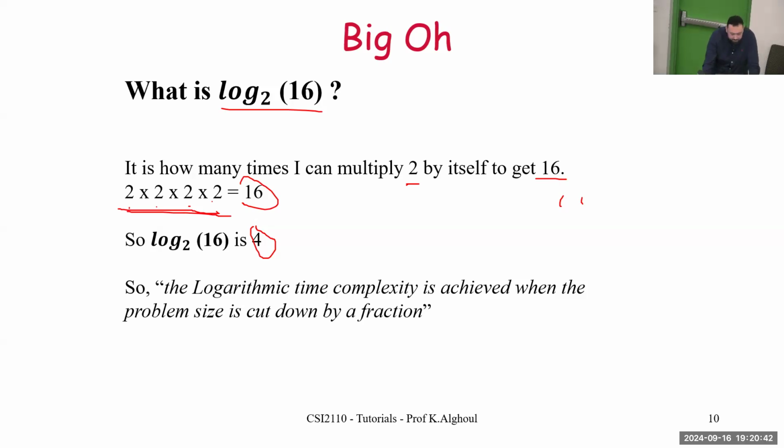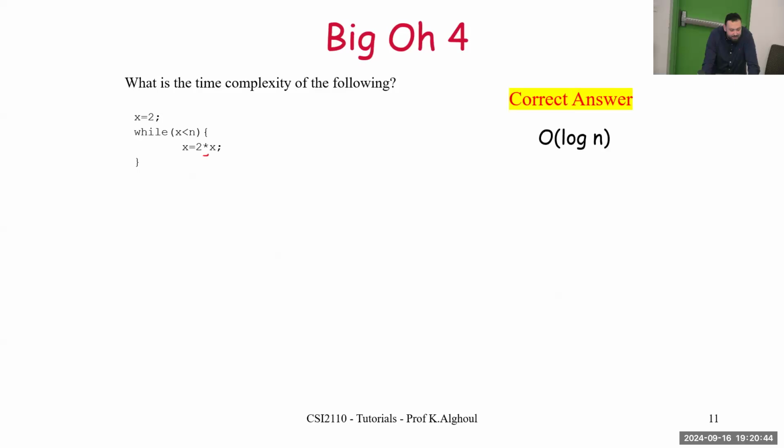So the trick here is whenever we see multiplication or division, in these two cases, you're going to think logarithmic. Why? Because look, if I have x equal x plus 1, this is linear. This is O of what, guys?